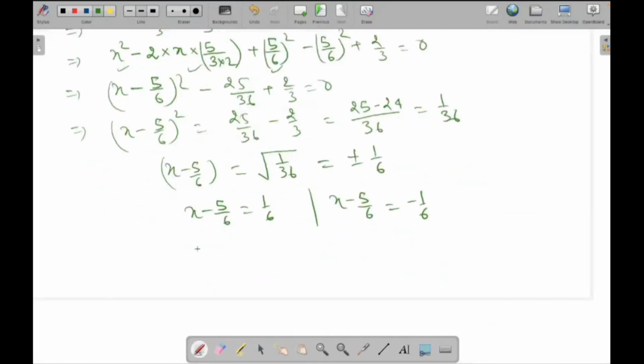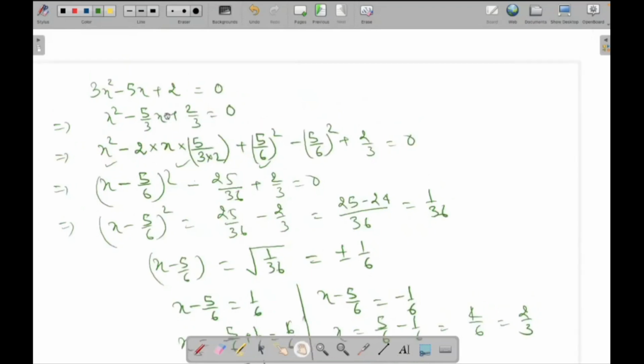So here it will become x equals to 5 by 6 plus 1 by 6, which will be 6 by 6, equal to 1. The other one will become 5 by 6 minus 1 by 6, which will be 4 by 6, which will be 2 by 3. So my two roots would be x equals to 1 comma 2 by 3.